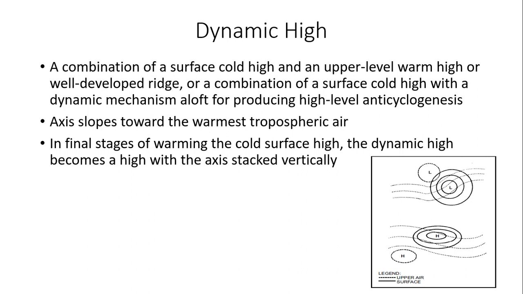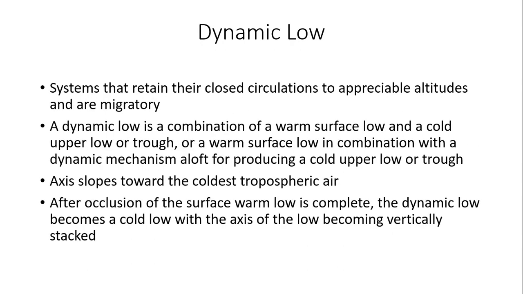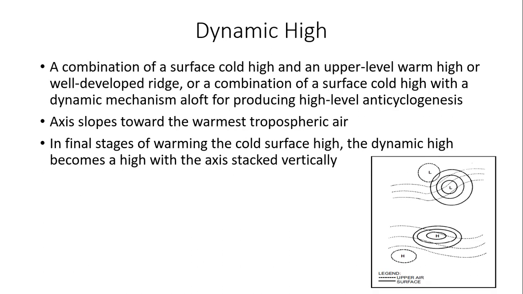The axis of a dynamic high is going to slope toward the warmest tropospheric air. So you notice the dynamic low axis slopes towards the coldest air aloft, while the dynamic high slopes towards the warmest tropospheric air. And in the final stages of warming, the cold surface high, the dynamic high becomes a high with the axis stacked vertically.